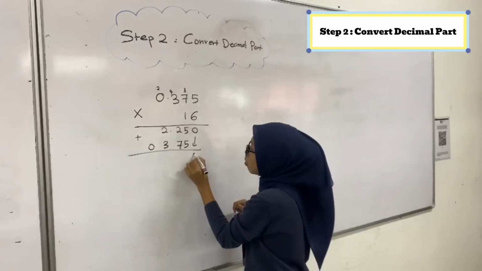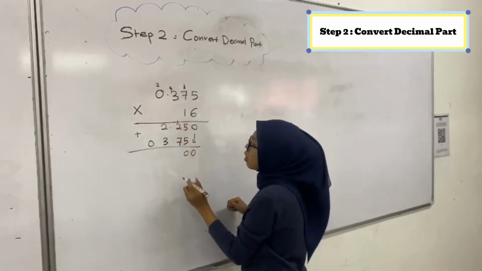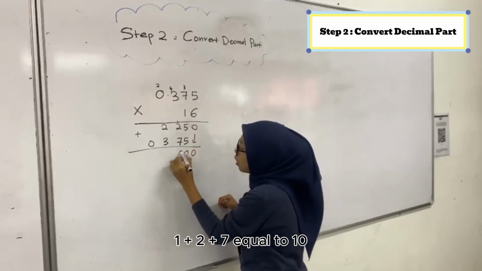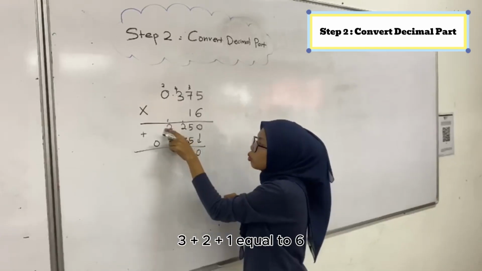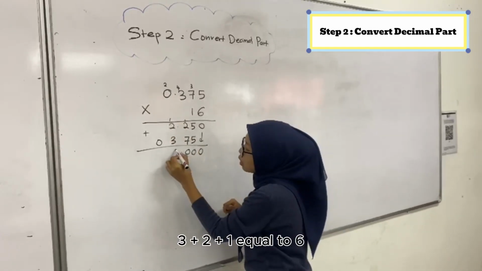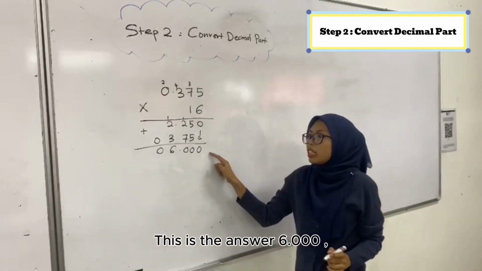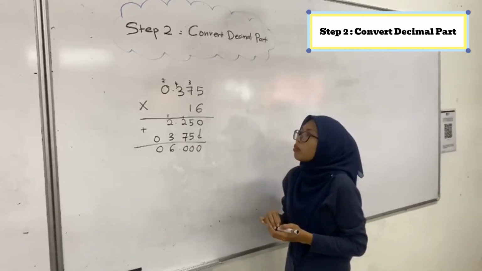So, these two numbers we need to add. 0, 5 plus 5, 10. 1 plus 2 plus 7 equal to 10. 3 plus 2 plus 1 equal to 6. Okay, this is the answer, 0.6.